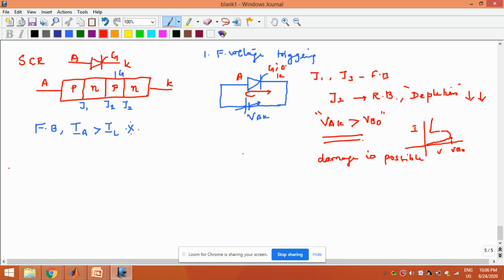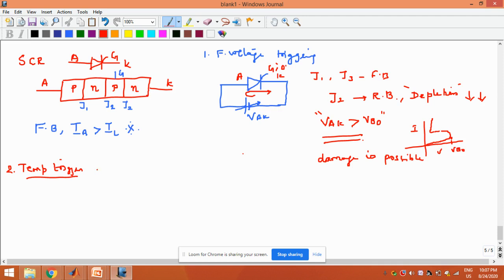Next scheme is temperature triggering. We know that the junction J2 is reverse biased. When you increase the temperature near the junction J2, because of this thermal noise or temperature, the conductivity of the charge carriers nearer the depletion layer will increase.